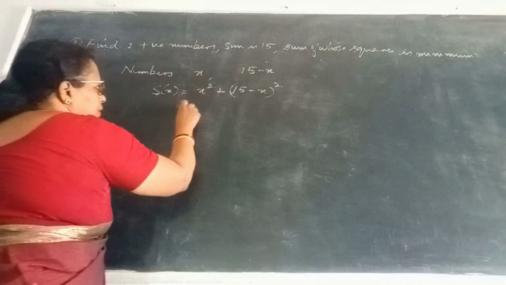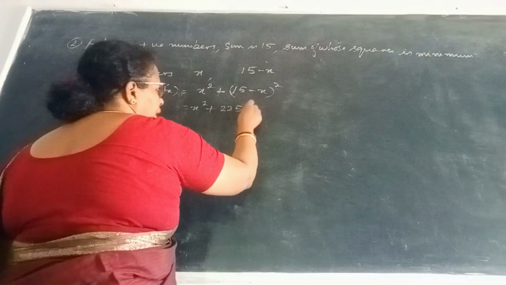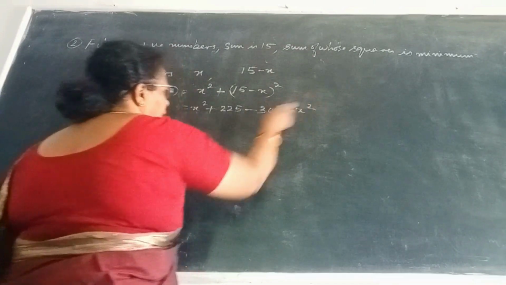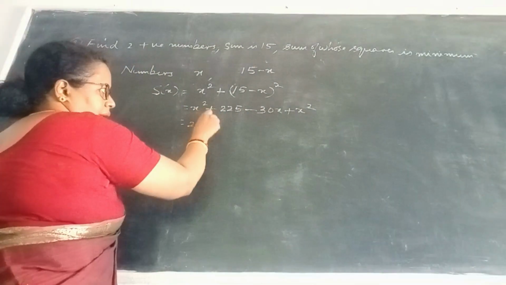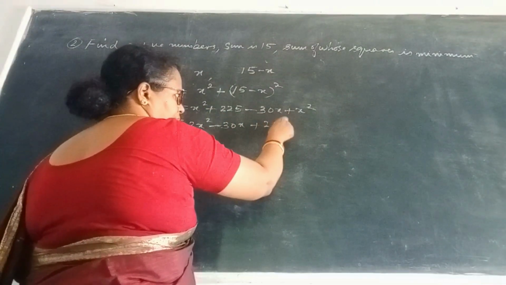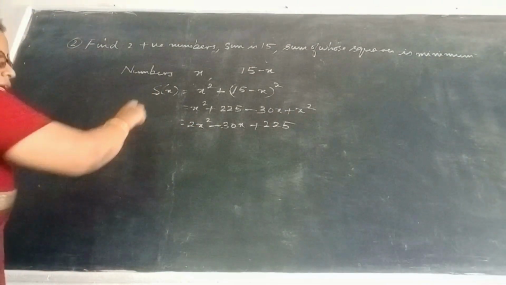Let us simplify this. x squared plus 15 squared, 225, minus 30x plus x squared. So it is 2x squared minus 30x plus 225. We got the sum of squares s of x.